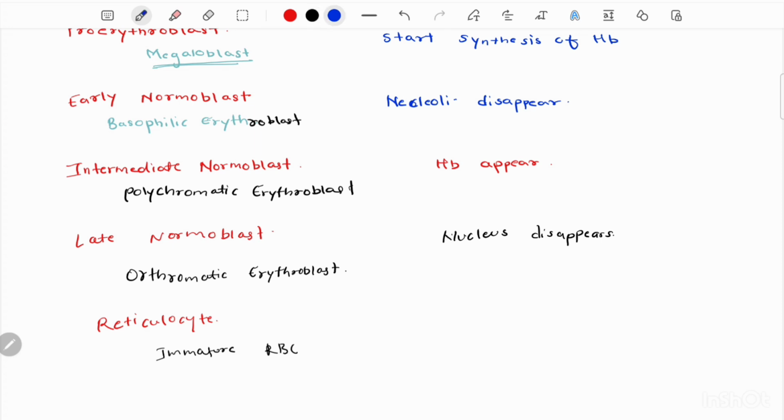Here the important events are that reticulum is formed, and the cell enters capillaries from the site of production. Very much important to remember that.